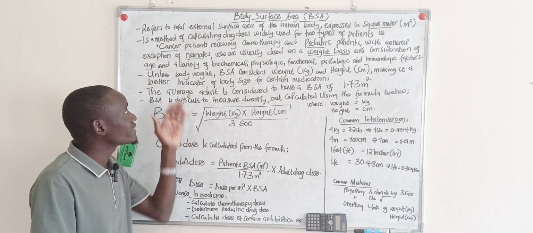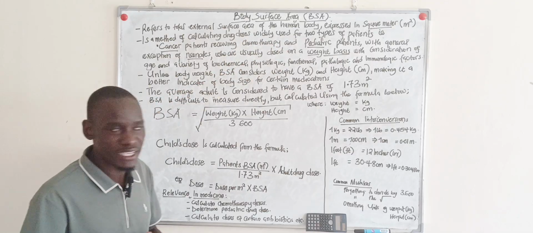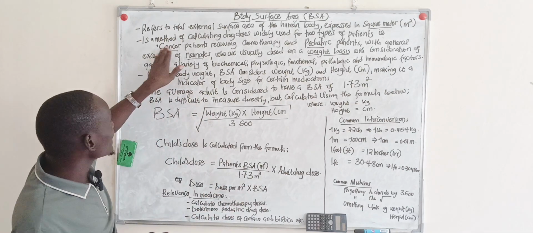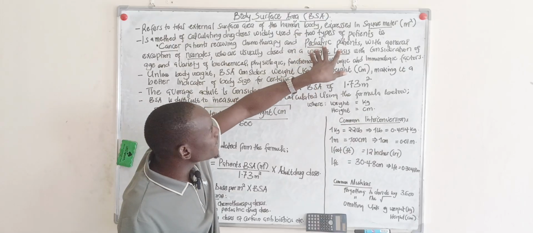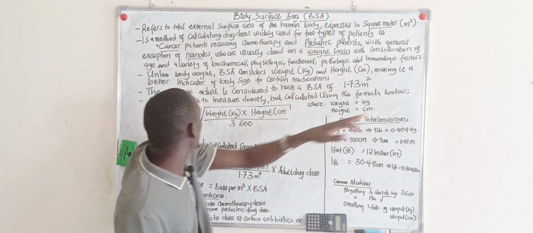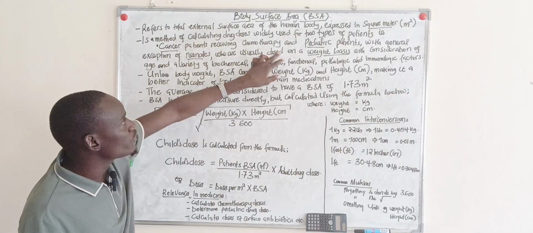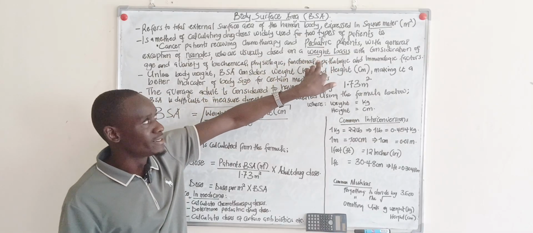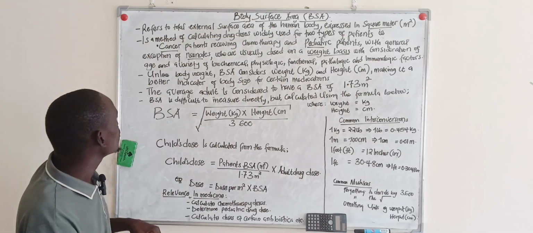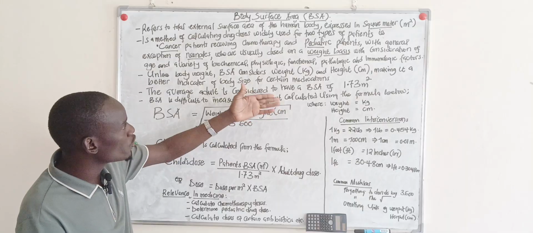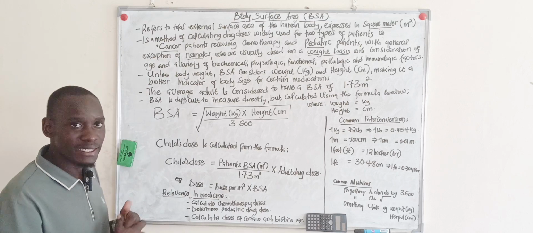It is a method used in calculating drug doses, widely used for two types of patients: cancer patients receiving chemotherapy, and pediatric patients, with the general exception of neonates, because neonates are usually dosed on the basis of weight, with consideration of a variety of biochemical, physical, functional, pathological, and immunological factors, not forgetting the age.